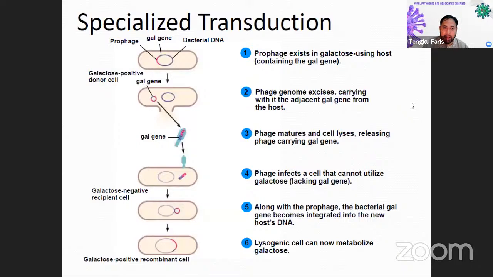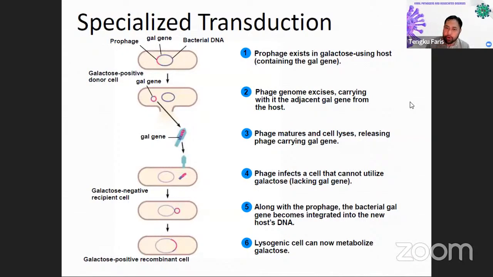Okay, there is the specialized transduction. What it means is that the virus can join or can mix the virus DNA with the bacterial DNA. This is like the lysogenic that we have mentioned earlier. But we have the GAL gene.